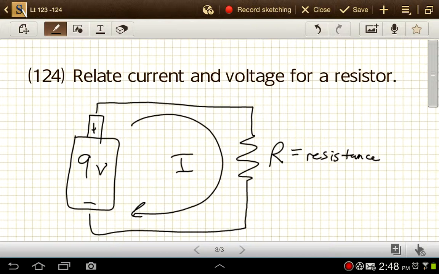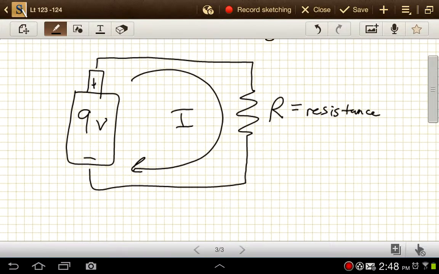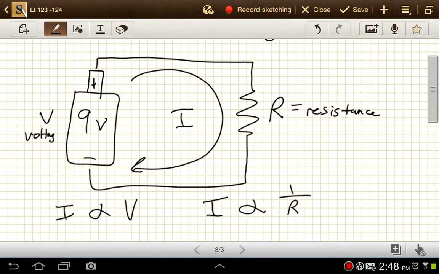So we can see here that I, the current, is directly proportional to V, and I is directly proportional to 1 over R. So as V increases, as the voltage increases here, we'll see that the amount of current flowing through this system increases as well.